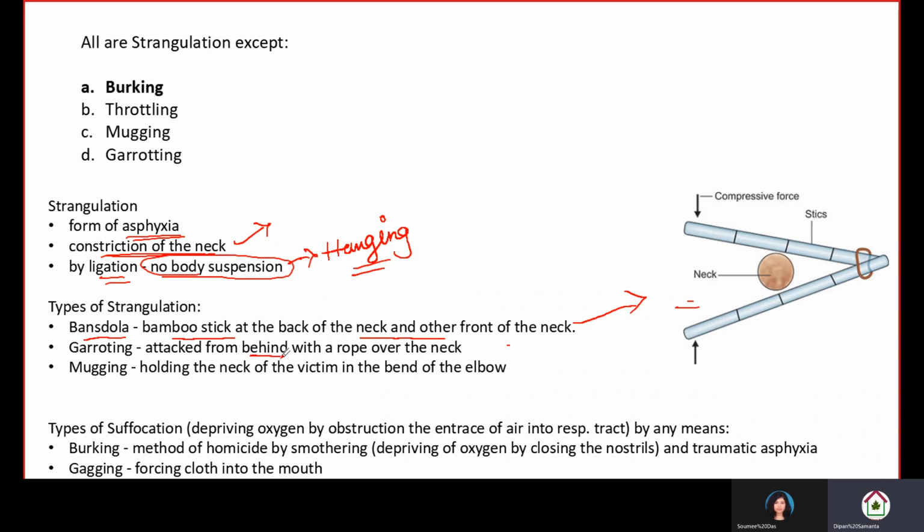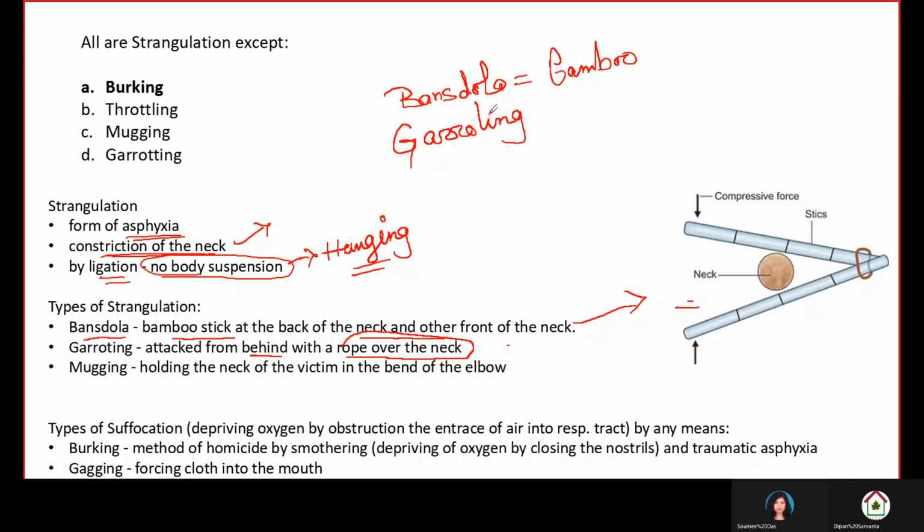Next is garroting. Garroting is an attack from behind with a rope over the neck. So that was Banzdola by bamboo stick; garroting is by rope. Obviously, you cannot expect two ropes to work in this way.